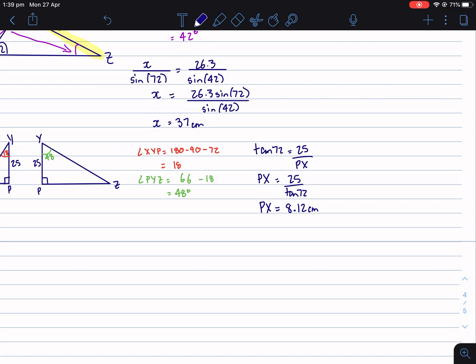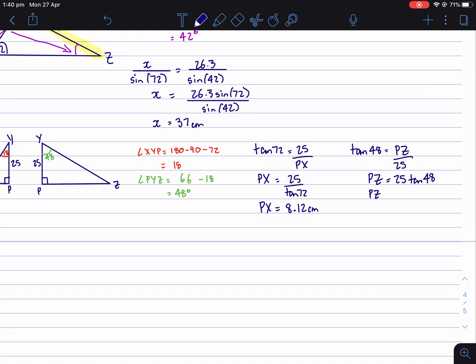Okay, in our other triangle, we have tan 48 equals PZ on 25. So PZ equals 25 tan 48.